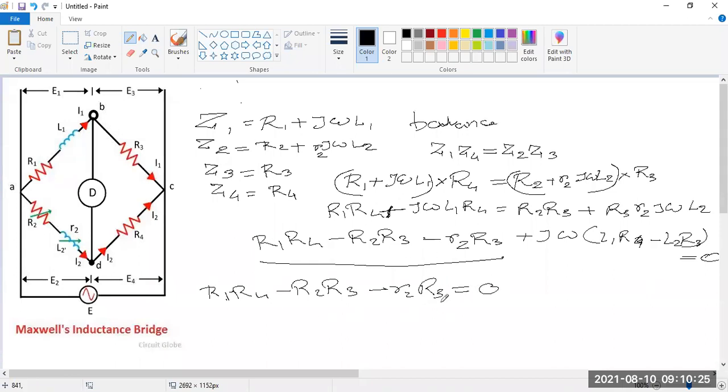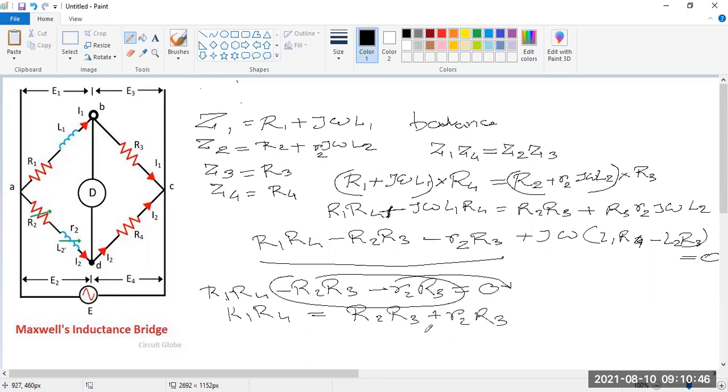This is the real part. From this real part we take R1 R4 and move the other terms to the right-hand side so that we get the positive sign: R2 R3 plus small r2 capital R3.